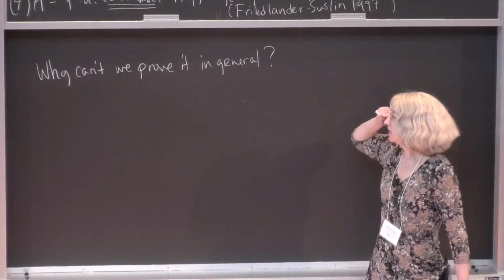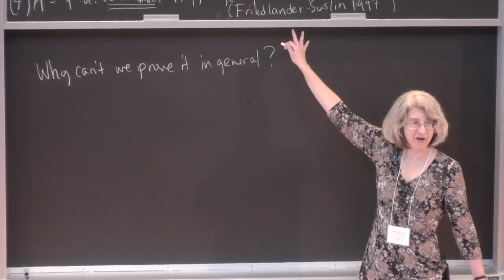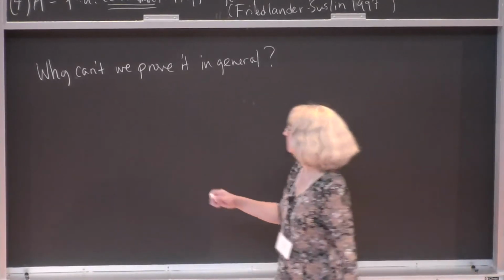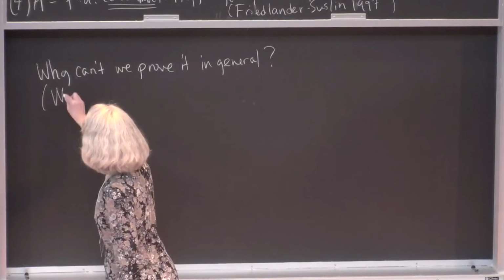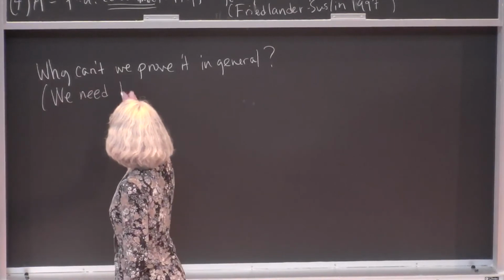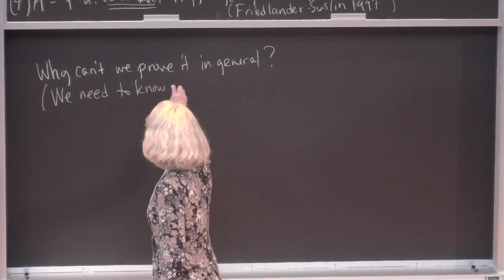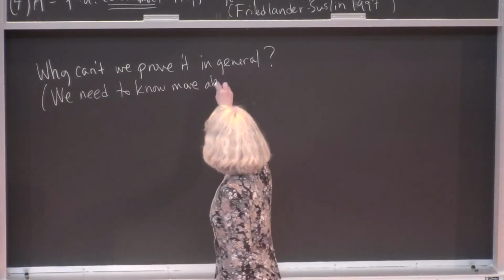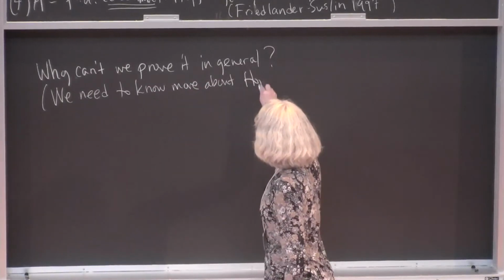And maybe one problem, and that's maybe been a problem for some other questions that have come up too, is we just don't know enough yet about Hopf algebras or tensor categories, right? So we really need to know more about the Hopf algebras or the tensor categories.